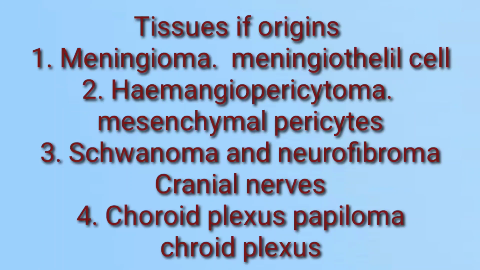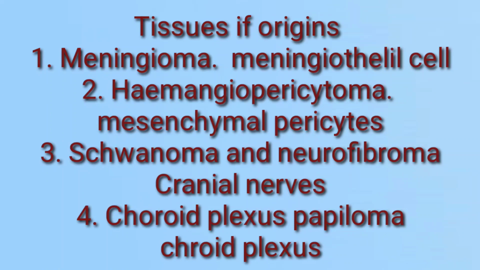Normally if we look at the extraaxial tumors and their origin, the first and very common one is meningioma, and meningothelial arachnoid cells are responsible for that. Hemangiopericytoma arises from mesenchymal pericytes. Schwannoma and neurofibroma usually arise from the cranial nerves.